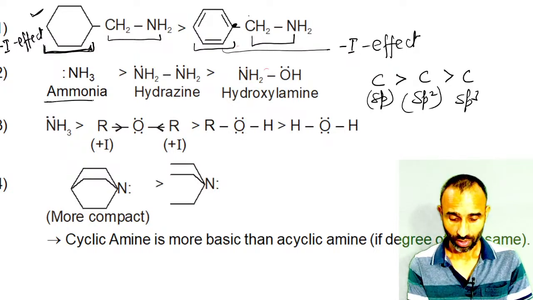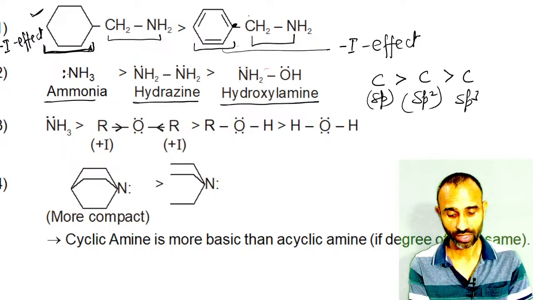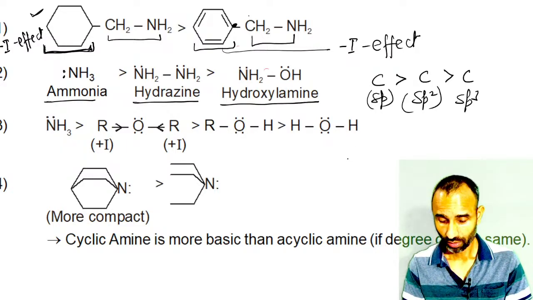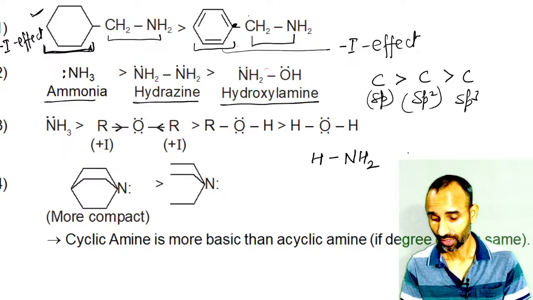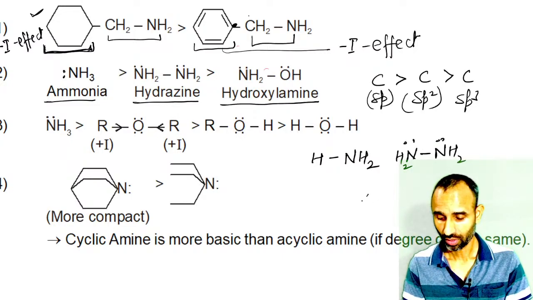Now out of ammonia, hydrazine and hydroxylamine, ammonia is most basic. Why is it so? Because you know, when we have NH2 attached to hydrogen, second is NH2 attached to NH2, and then OH is attached to NH2.